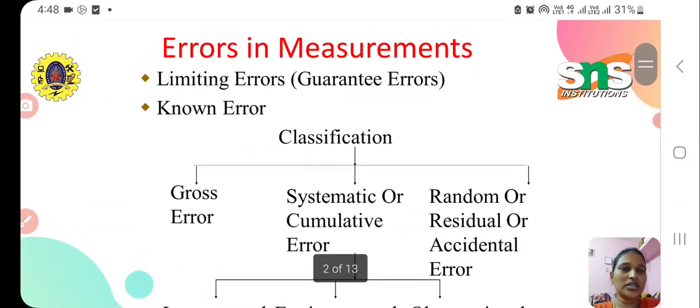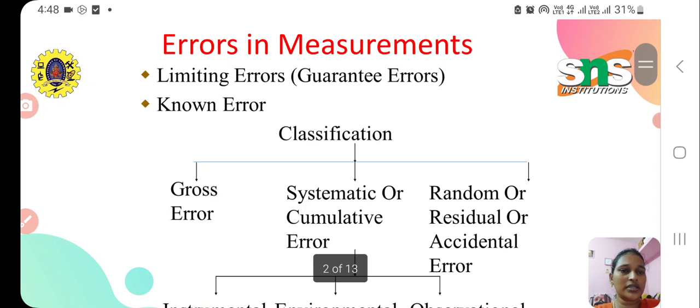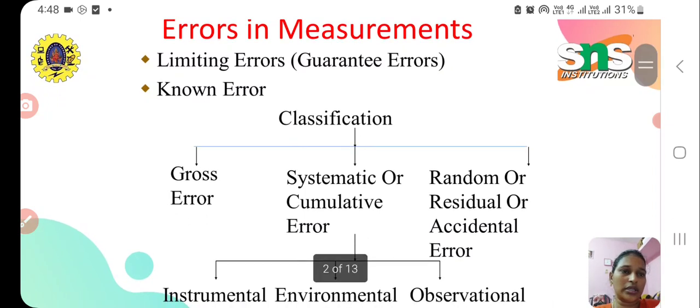So in general, errors are classified as limiting errors and known errors. Limiting errors are guaranteed errors that are present in any measuring instrument, not even just measuring instruments, in any system. Because as we all know from the second law of thermodynamics, the efficiency of a machine can never be 100%.